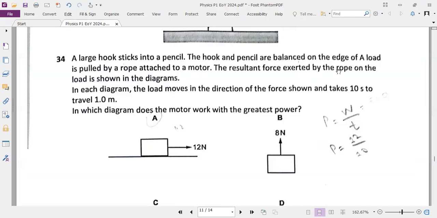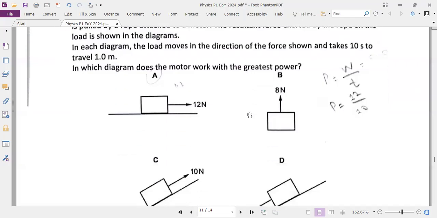The resultant force exerted by a rope on the load is shown in the diagram. In each diagram, the load moves in the direction of the force and takes 10 seconds to travel 1 meter. In which diagram does the motor work with the greatest power? If you calculate everything else, the power will be less. That's why we have chosen A.